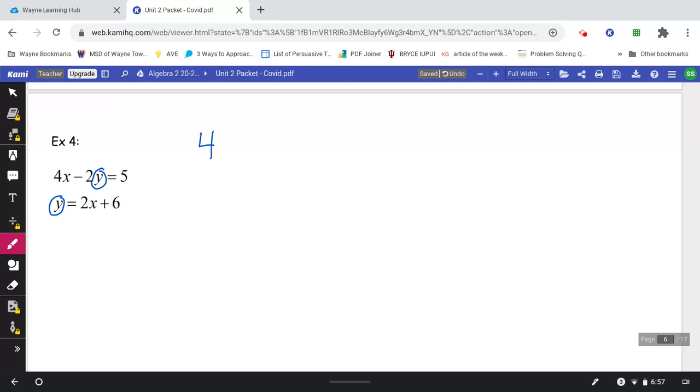So you should have done 4x minus 2, and then in parentheses, substitute out the y, substitute in the 2x plus 6. Distribute.